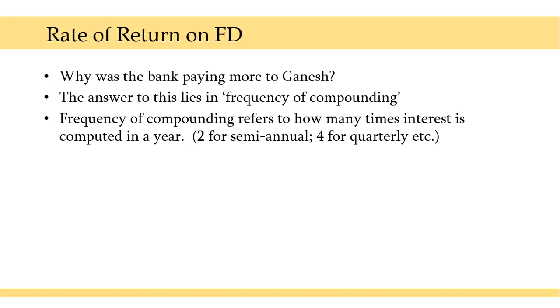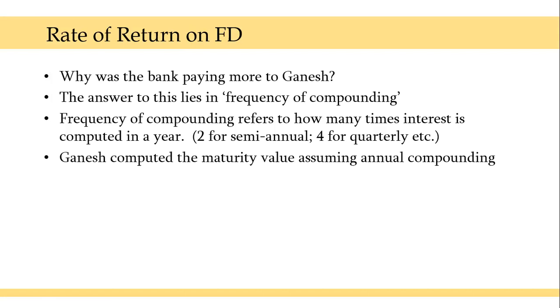And for the second 6 months period, you will be paid interest not only on the principal, but on the interest calculated at the end of the first 6 months period. This is what is called frequency of compounding.